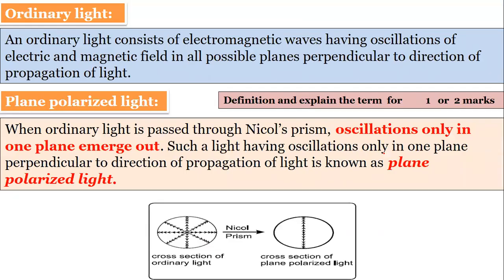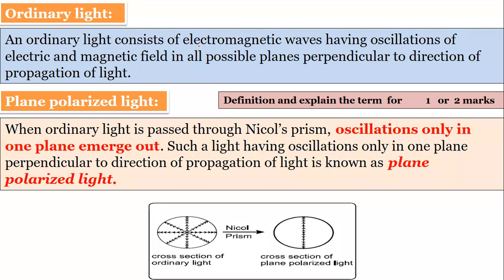Okay. Then the next part is ordinary light. No question is asked on the definition of ordinary light, so don't worry about it. But you must know ordinary light, because if you understand it, then it is very easy to understand plane polarized light. Ordinary light, as all of you know, is white in color. This is actually the physics part.